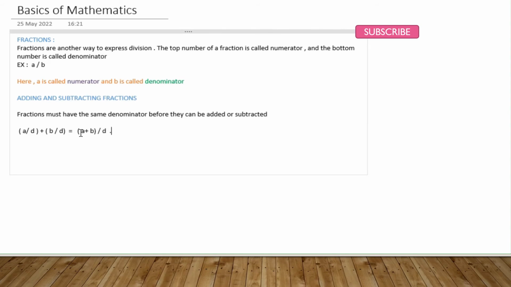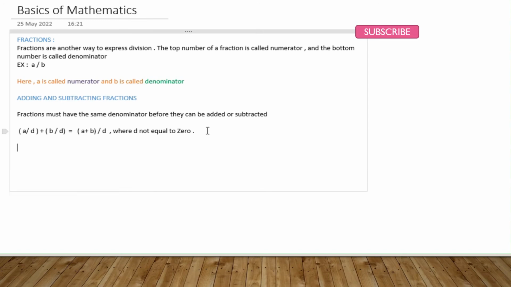Here we have to clearly mention where d is not equal to 0. This is the main point. If the denominator is zero, something by 0 is infinity, we can't determine it.